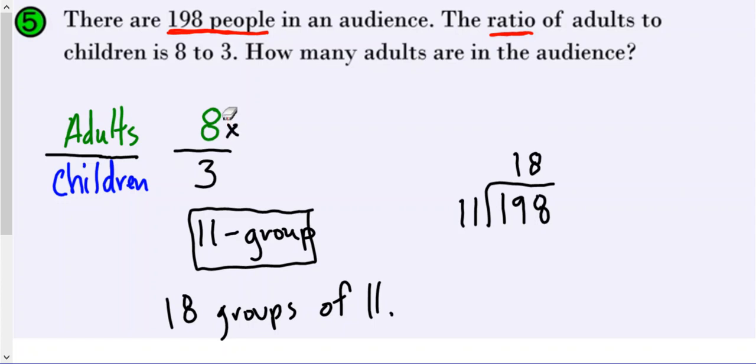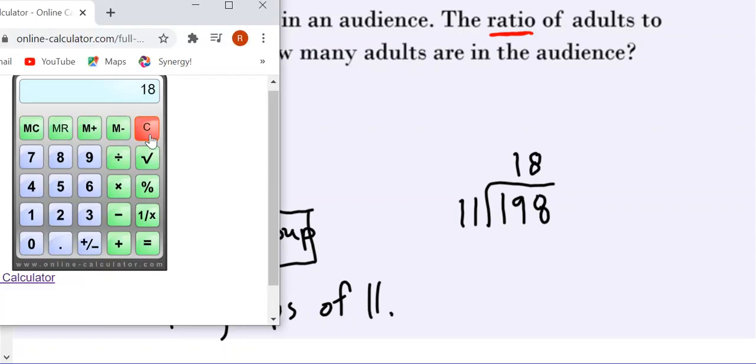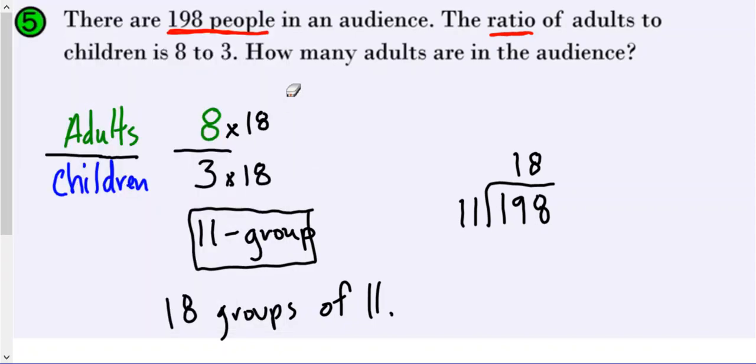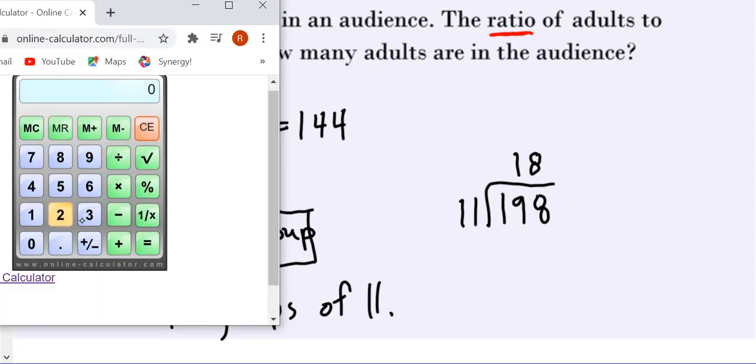So if we multiply by 18, 18 times 8 is 144, and then 3 times 18 is 54.